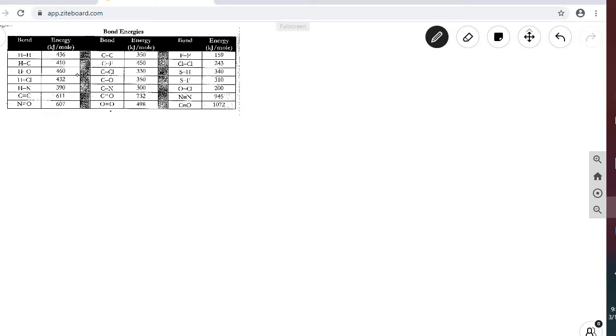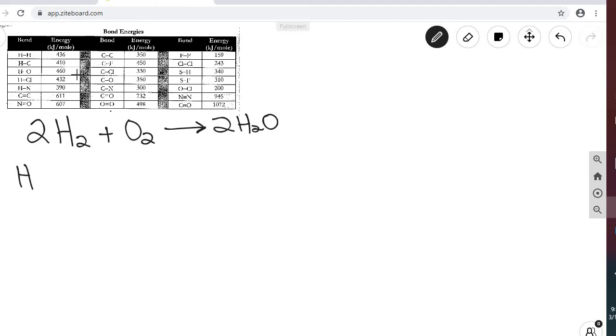So then let's take this chemical reaction that we saw before, and we drew that as this. So we had two hydrogen bonds. I'm just going to put these below each other just to save space.